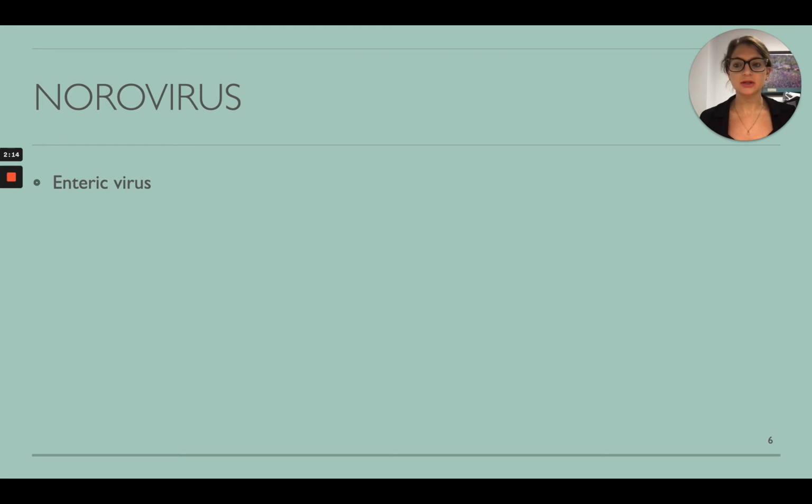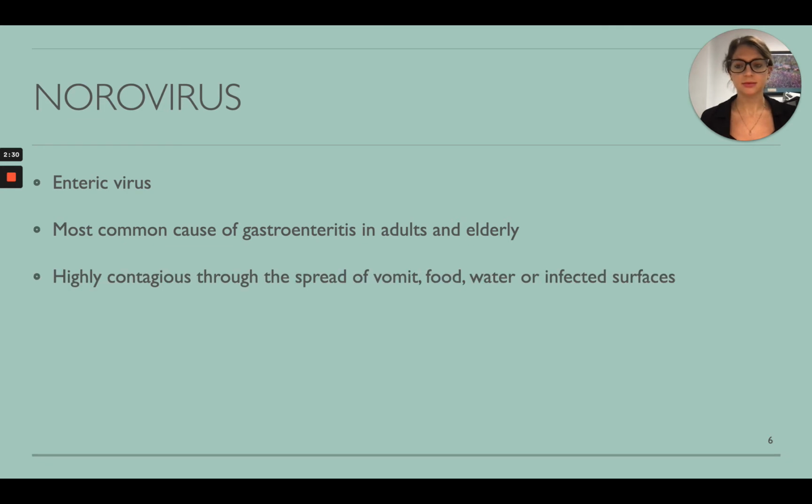So norovirus is an enteric virus, and it is the most common cause of gastroenteritis in adults and elderly. So this is a fairly common acute illness that you may see in long-term care or assisted living facilities. It is highly contagious through the spread of vomit, food, water, or infected surfaces, so it can easily spread from patient to patient, especially throughout care facilities.